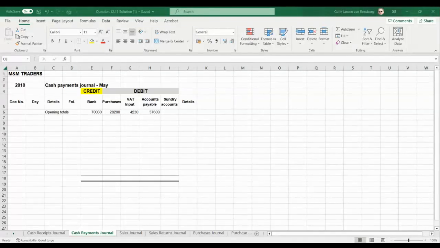Ladies and gents, I just want to confirm with you. You do have that question open on your computer so that you can see where those figures come from. Yes or no? You can just type in the chat for me. Yes, we have, or no, we haven't. Because these figures do not fall from the sky.